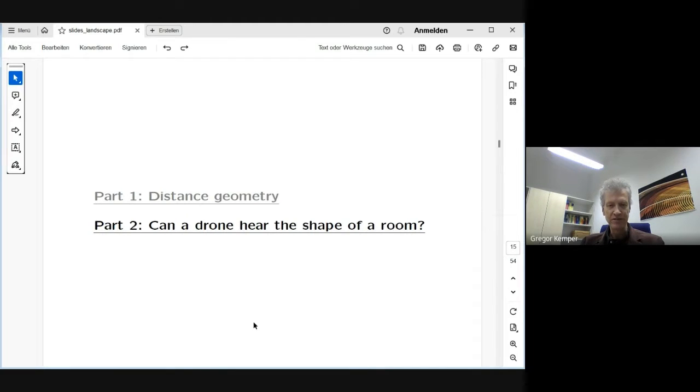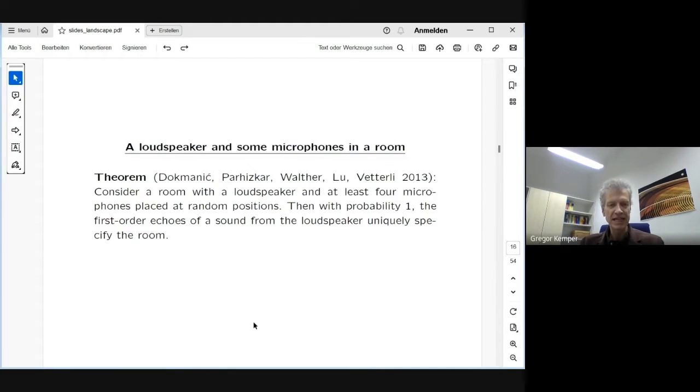Can a drone hear the shape of the room? That sounds very applied. Anyway, here again we have a starting point, and the starting point was a theorem by five authors whose names I won't dare to read out because I'll make mistakes. What it says is you consider a room with a loudspeaker and at least 4 microphones placed in the room at random positions.